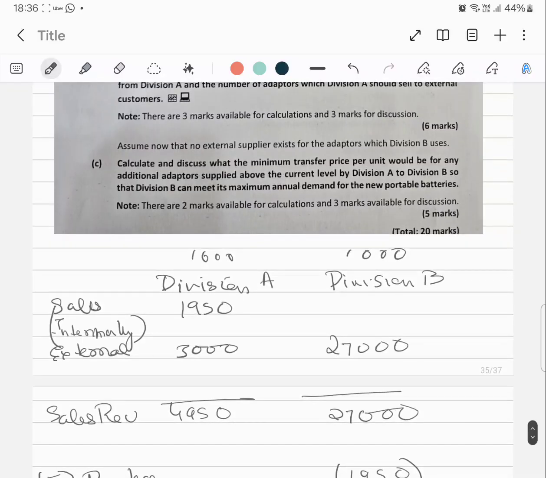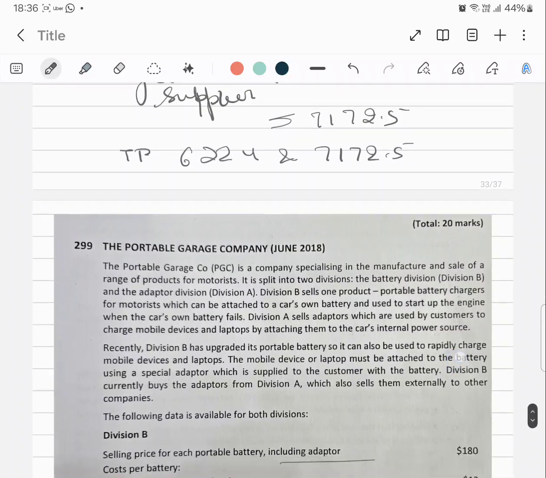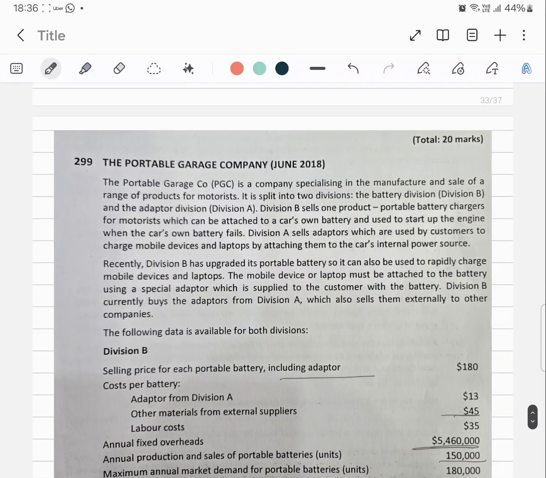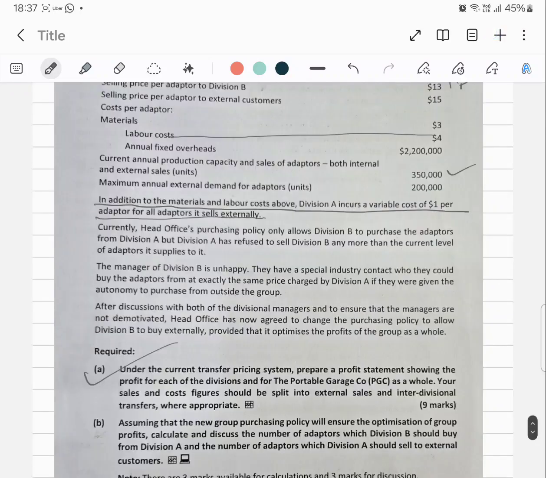It was 13, right? So if B is buying adapters from outside, how much will it have to pay extra? That thing we need to find out. How will we find out that?